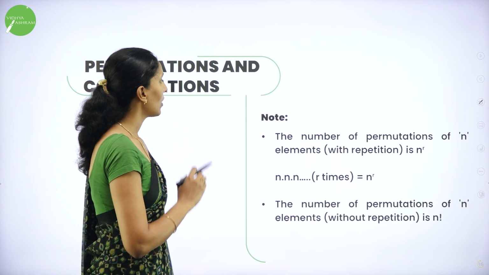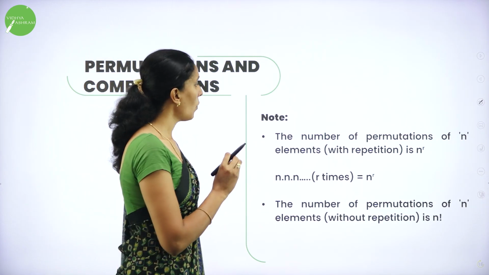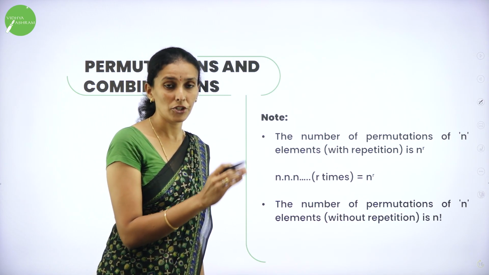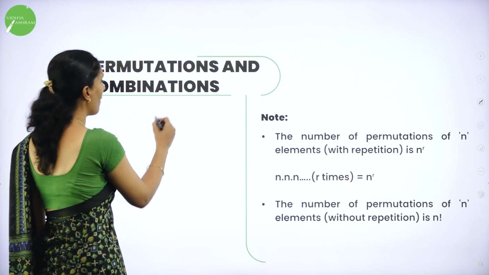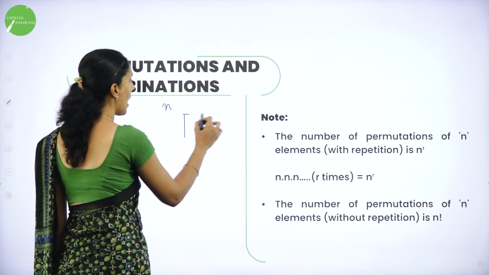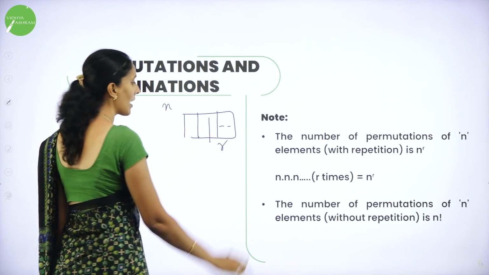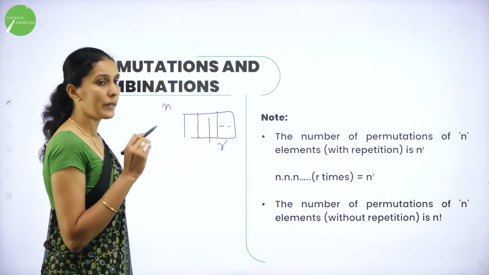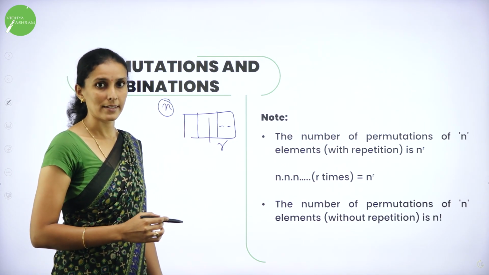Next we'll go for the concepts in general. In general, how can we write the number of permutations with repetition and without repetition? Suppose you have n elements and you have to place them in R places. I don't know how many, so I'll consider R number of places. How many times can you fill n in R places?